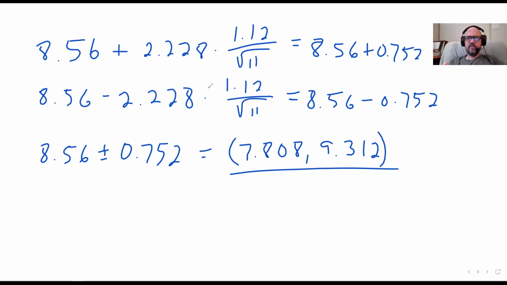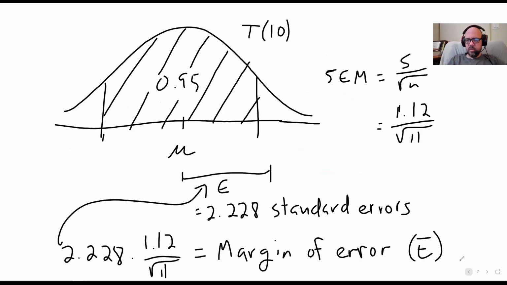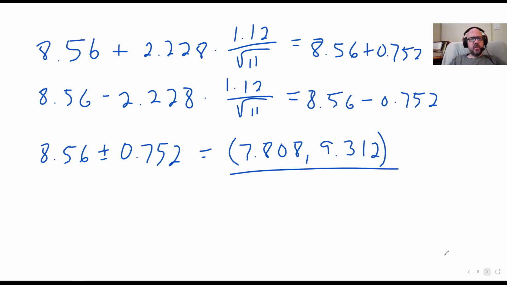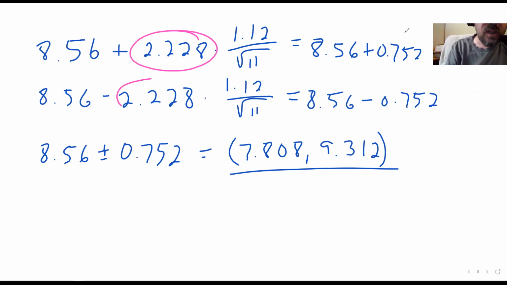Then we said do the same thing for 90 and 99%. I believe that's what the other two questions were, right? Do the same thing again, but for 90 and 99% confidence levels. So we're going to do exactly the same thing. The only thing that changes is this number right here.